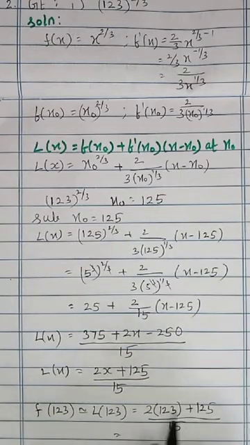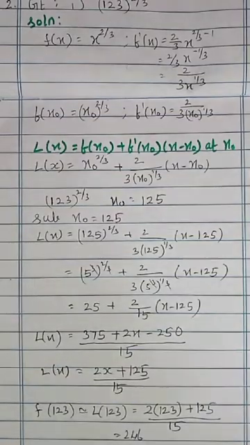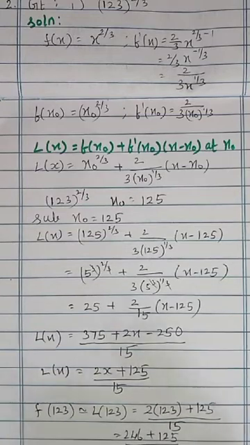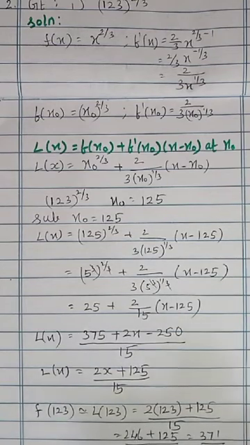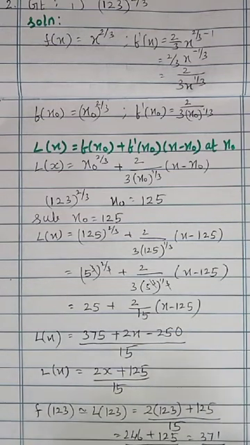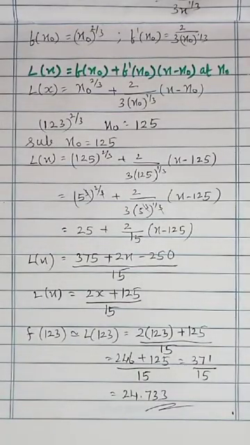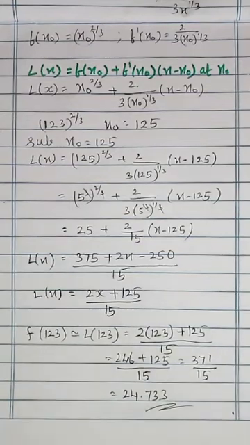That is 2 into 123 is 246 plus 125, divided by 15, that is 371 by 15. So if we divide this, you will get 24.733 as your final answer.